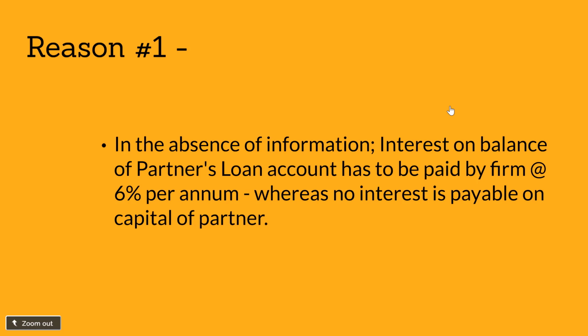Now, if we recall, in the absence of partnership deed, in the case of balance of loan amount, interest on loan at the rate of 6% per annum is payable, but no interest on capital is payable. Therefore, the unpaid amount of interest has to be only added to the loan amount and not to the partner's capital account. This is one reason.